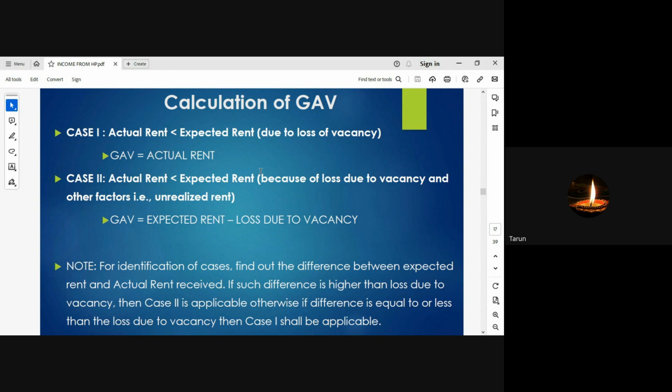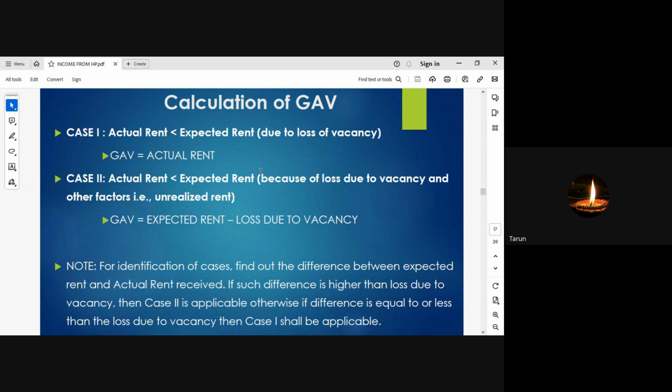If the difference is equal to or less than the loss of vacancy, then case one is applicable, and the gross annual value is the actual rent only.